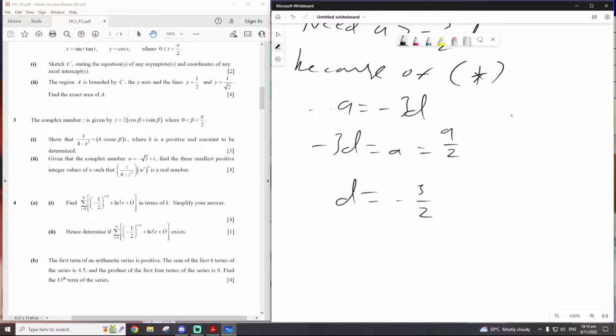Okay, and finally, the 13th term equals 9 over 2 plus 12 times negative 3 over 2. And this is negative 27 over 2. Yeah.